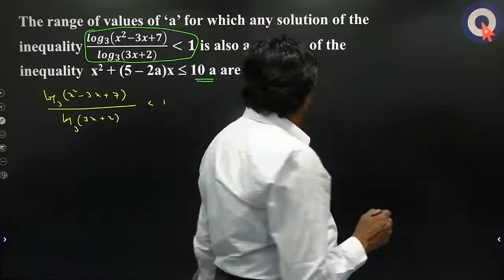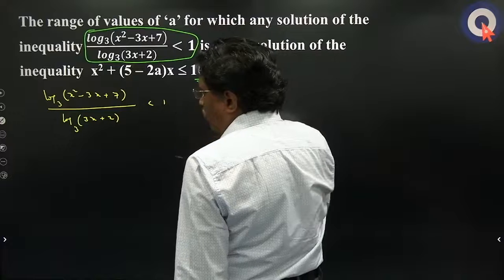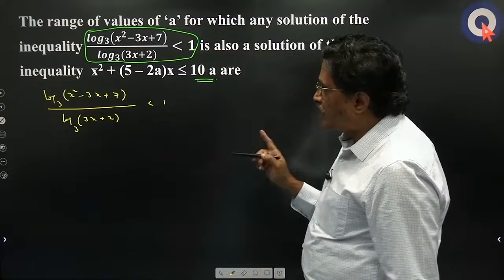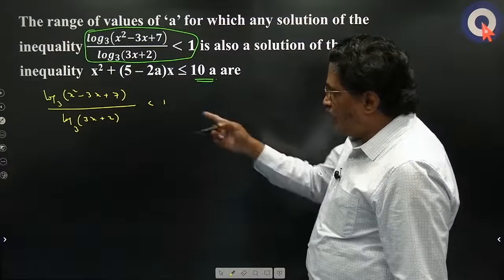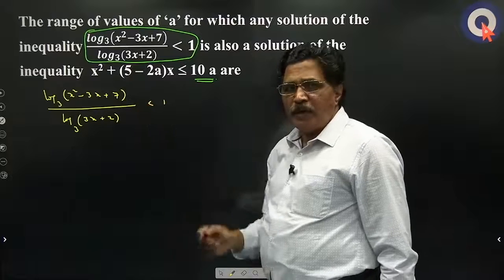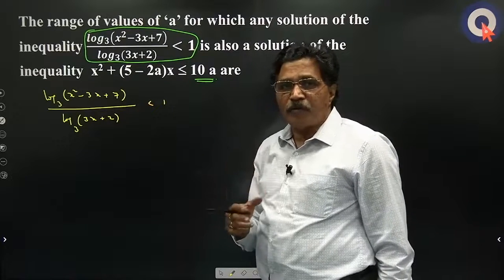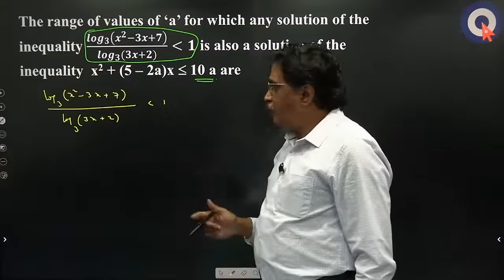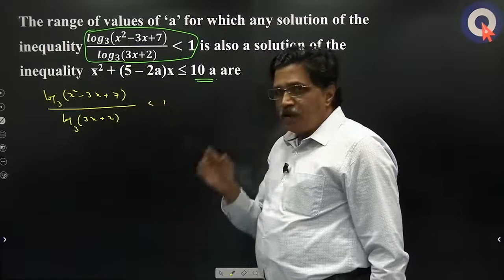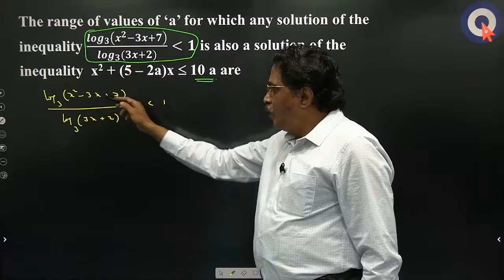For that, x² − 3x + 7 has to be greater than 0, since we are talking about real valued functions. However, it is already true because b² − 4ac is negative. When delta is less than 0, the sign of the quadratic expression is the same as the coefficient of x² for every x belonging to R. So x² − 3x + 7 is positive for all x belonging to R. There is no worry with regard to this part.